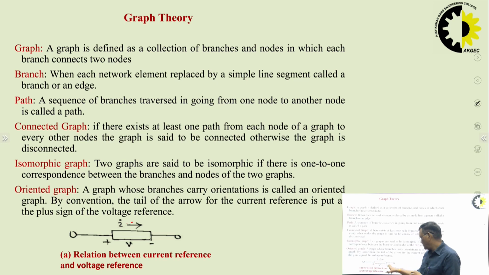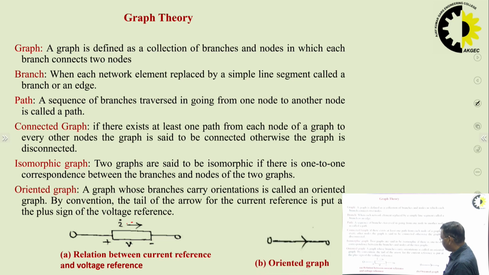It is moving from plus to minus because current flows from higher potential to lower potential. So in graph theory, if you draw the graph of this branch, the branch will carry this orientation in this way. So we follow some conventions while drawing the oriented graph from a given oriented network.